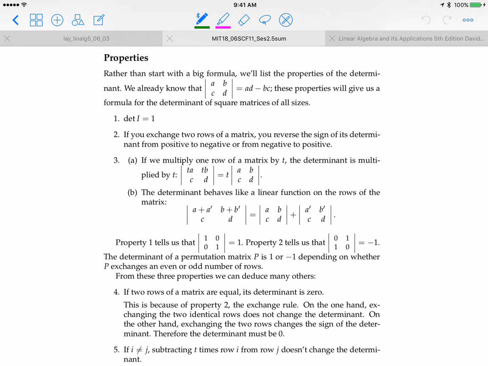So this is our starting point, and we kind of promised that we don't even know what the determinant is, but let's just agree that the first three properties should be satisfied.